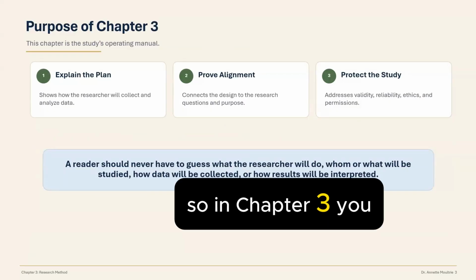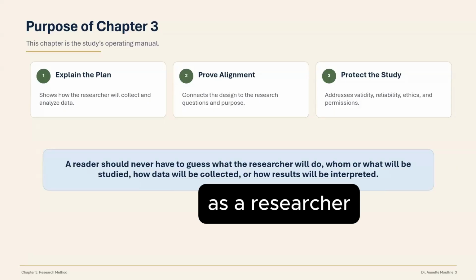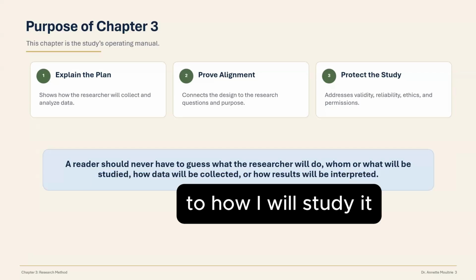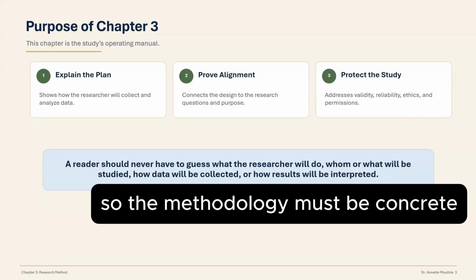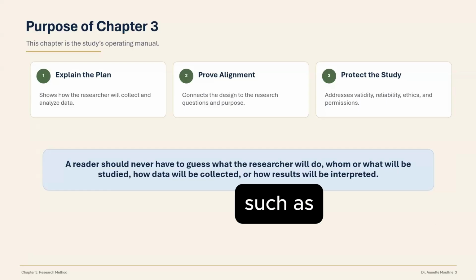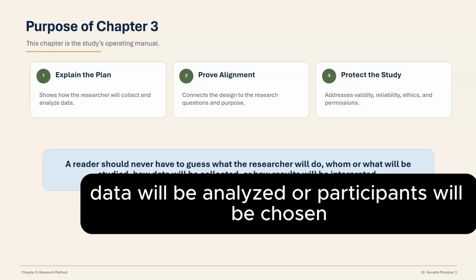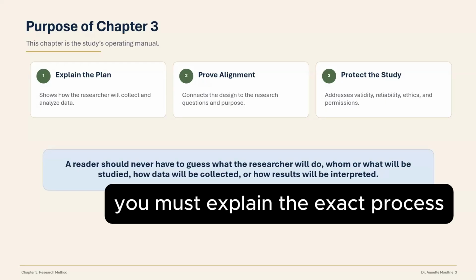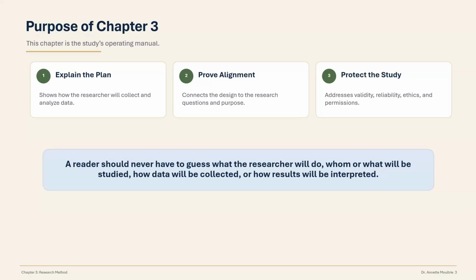So in Chapter 3, you as a researcher will be moving from what I want to study to how I will study it. So the methodology must be concrete. You should avoid vague phrases such as data will be analyzed or participants will be chosen. That's too vague. You must explain the exact process. Okay?